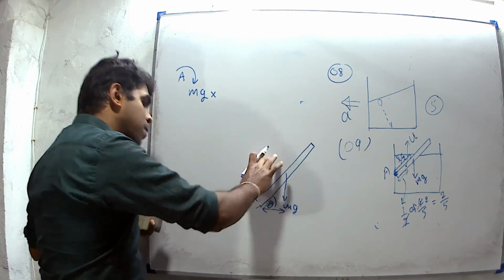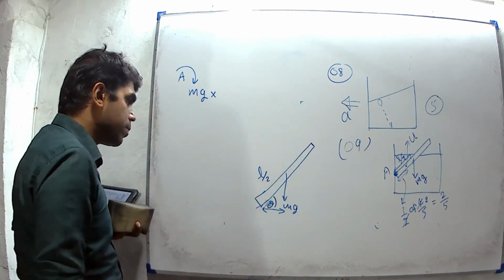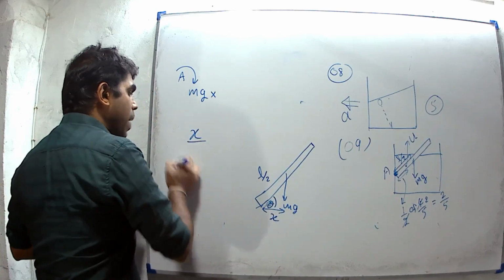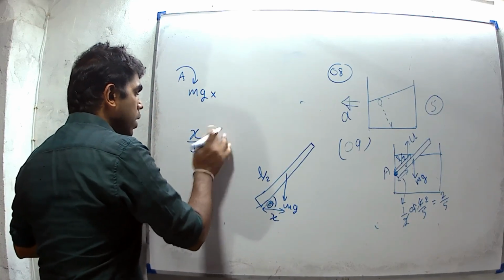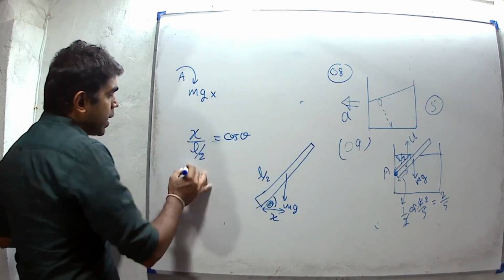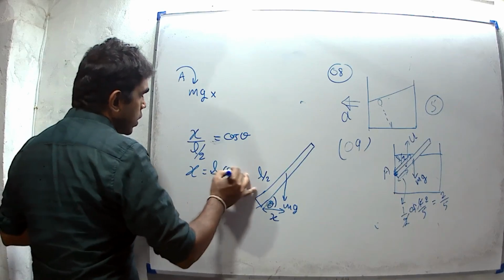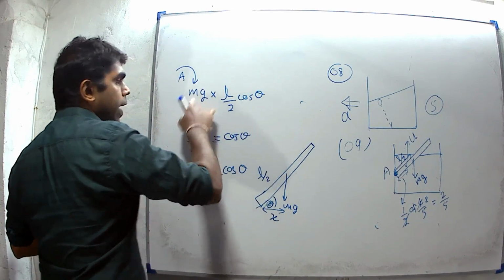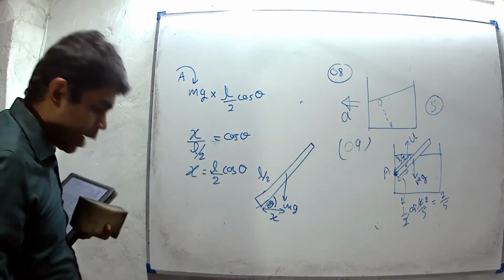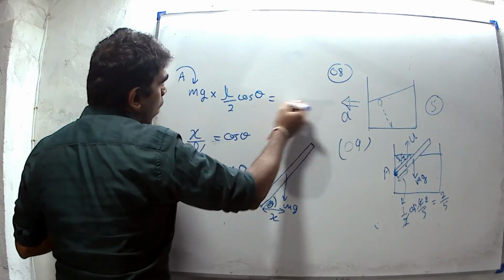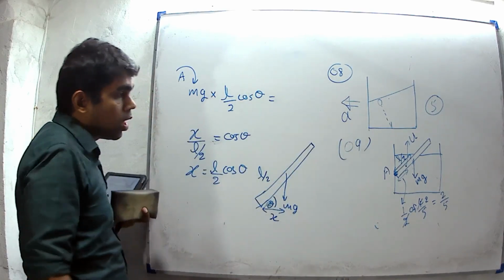Adjacent divided by hypotenuse is cos theta. Adjacent is x. x divided by L over 2 equals cos theta. Then x is L over 2 cos theta. Weight into the perpendicular distance from A to the weight is the clockwise torque.